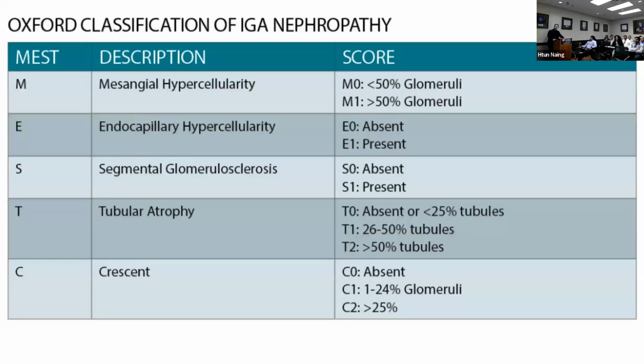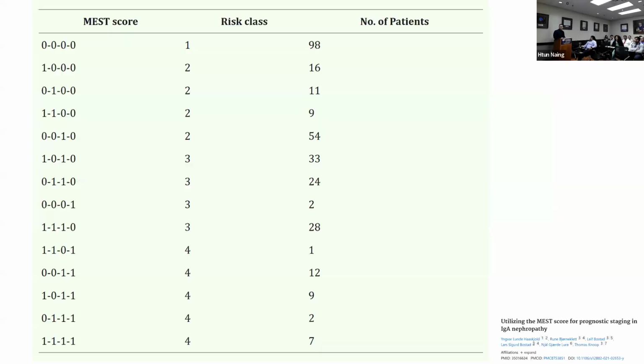So this is based on the MEST-C score. You can also do a risk classification. This is what I found in this article, so you can kind of guess the 5-year dialysis or ESRD prognosis.